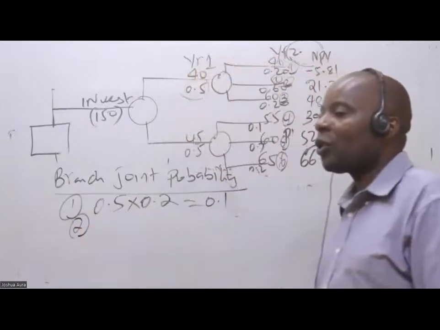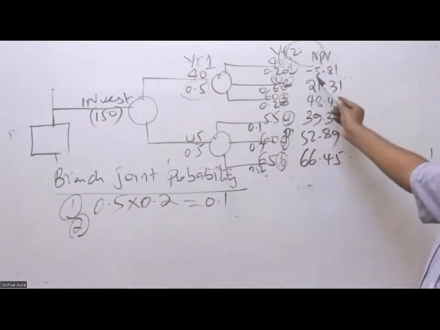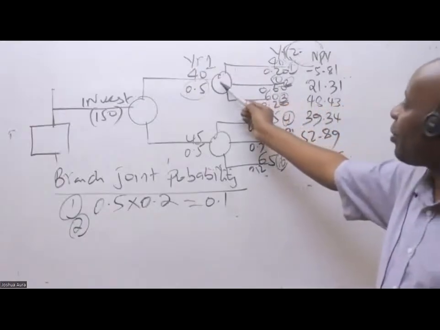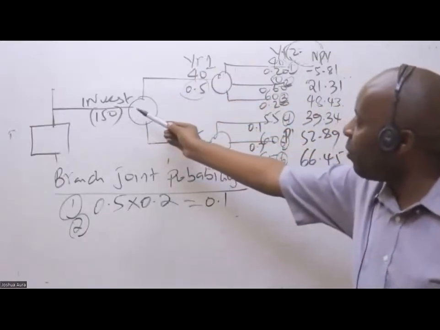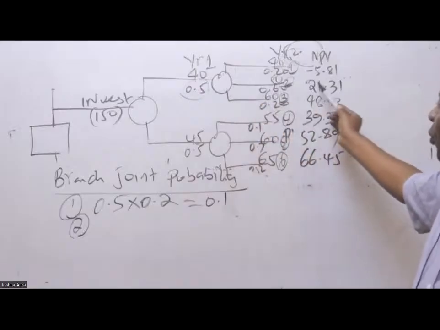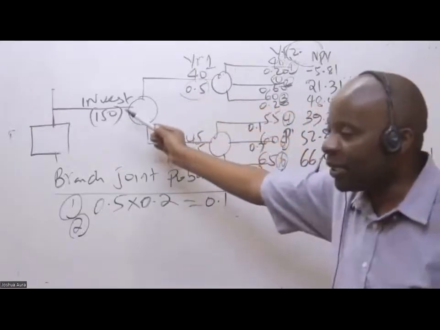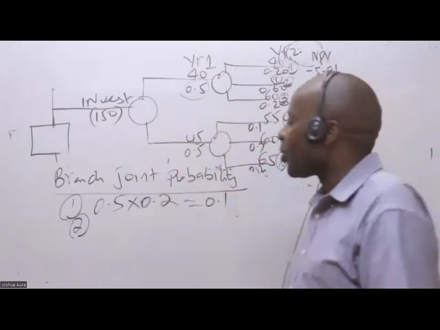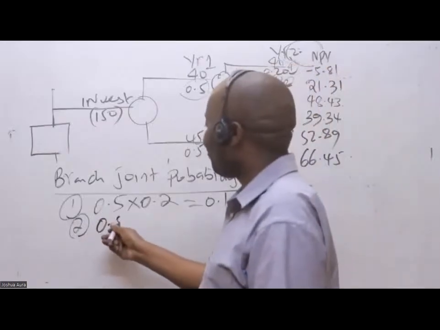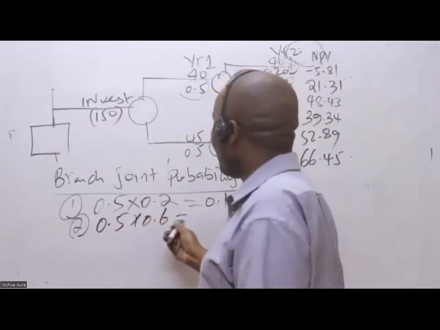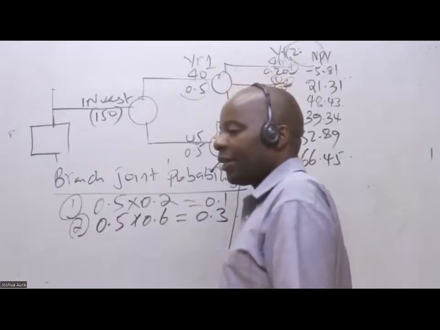From there, go to branch number 2. Are you able to see the probabilities along the road? Which probabilities are coming here for branch number 2? It is 0.5 times 0.6, which is 0.3.